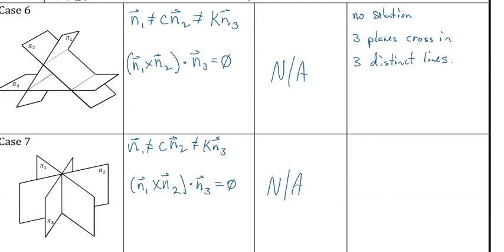Infinitely many. All 3 planes cross in a line.